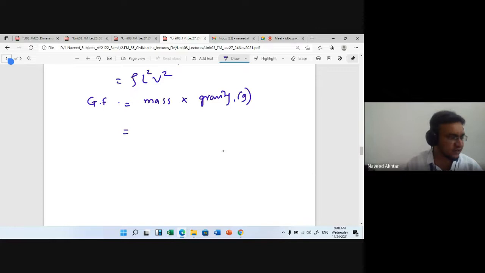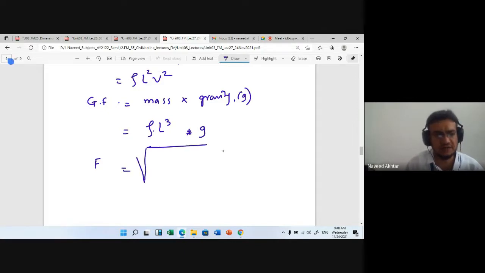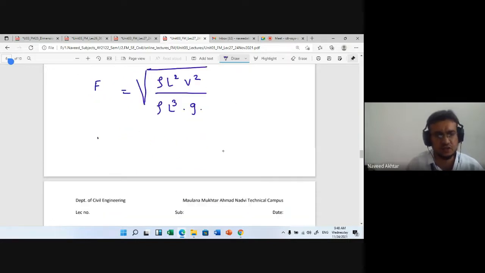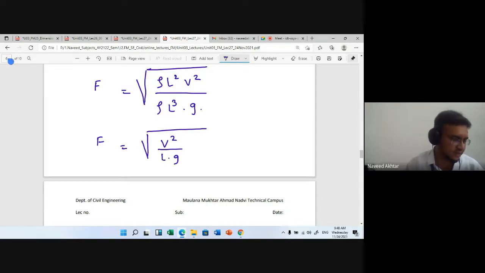So mass again you can write as rho into L cube into G. So F is equal to the square root of rho L square V square upon rho L cube into G. Rho will be cancelled, V square upon L into G will remain.